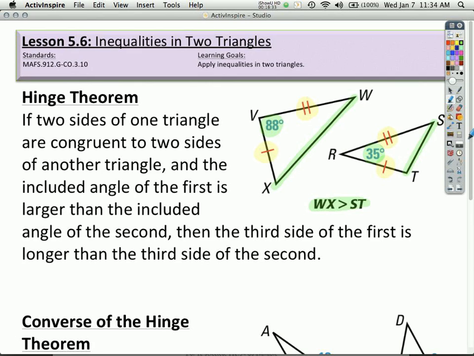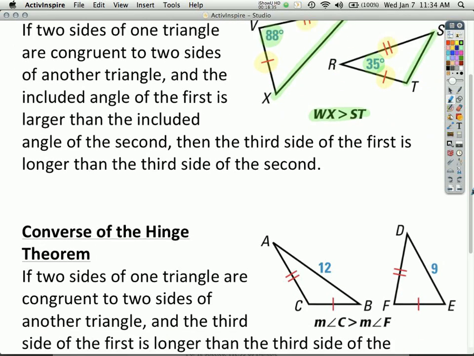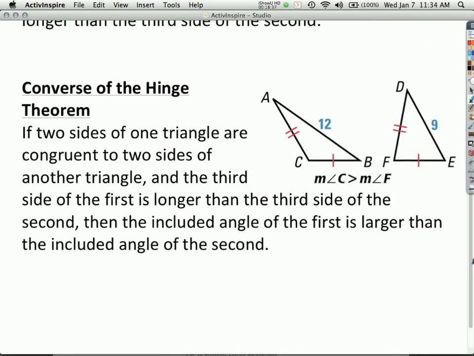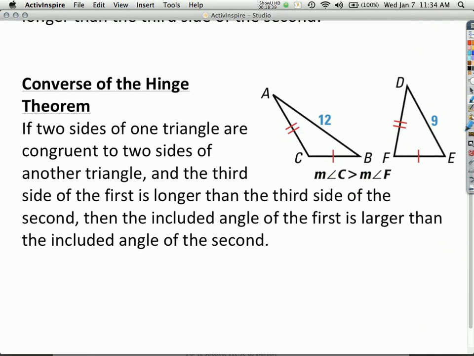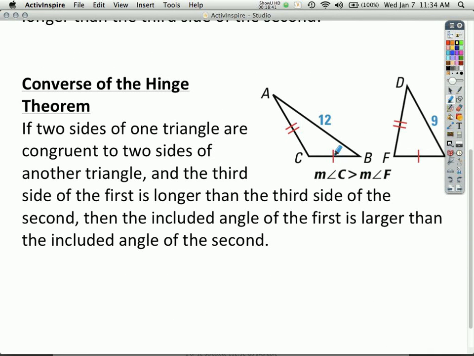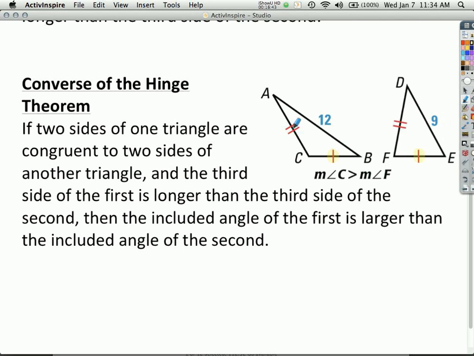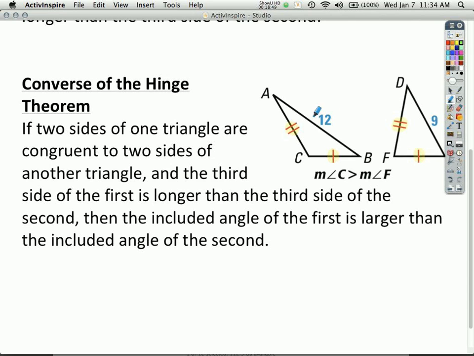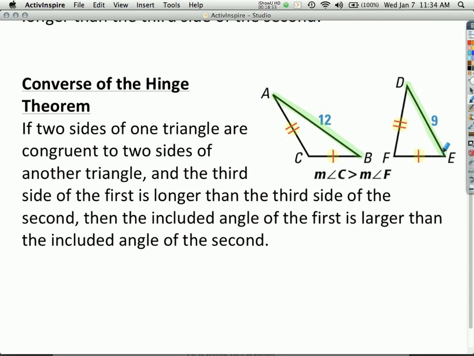The converse is also true. If we have two triangles that have two pairs of congruent sides, here, here, here, and here, but now the third side is longer than this third side, then we can say that this angle is greater than this angle.